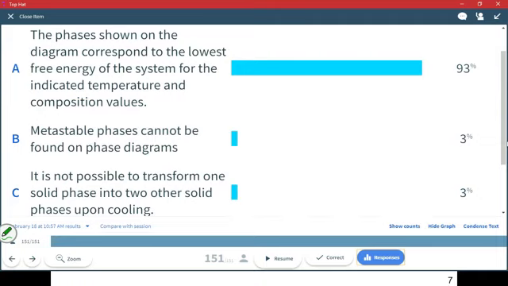That means it's a stable phase. A thermodynamically stable phase can be found. If it's metastable, it can't be found. So what we've worked with before, that's a metastable phase that can exist, but you won't find it on a phase diagram, is a whole bunch of metals put together.